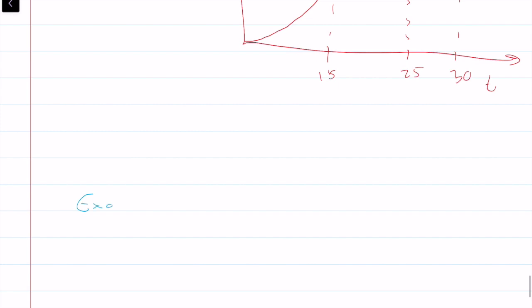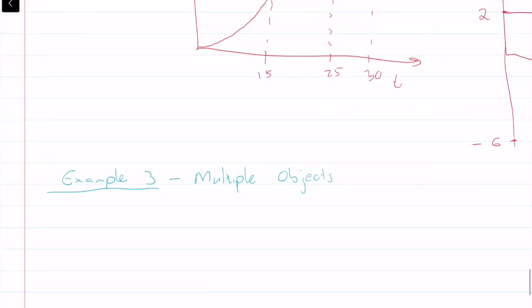Okay, so example 3 is going to be on multiple objects. Basically 2 or more objects.